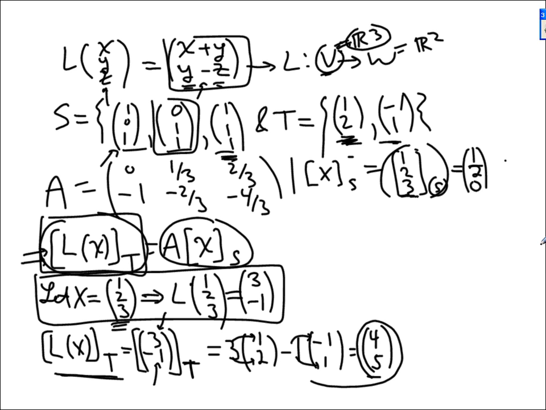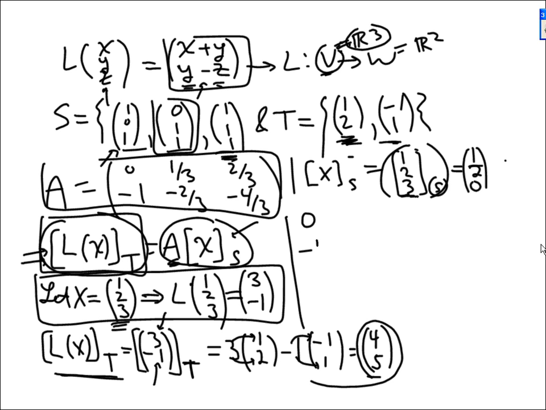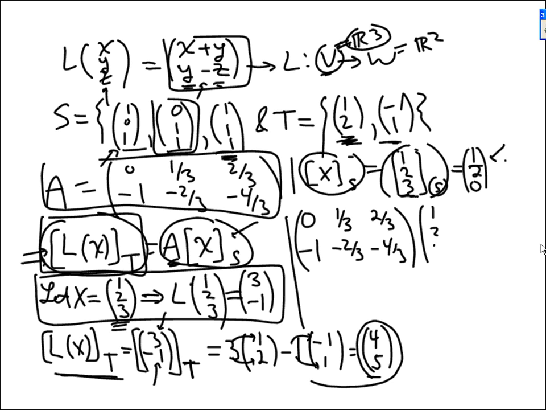Now I want to multiply my matrix A by the coordinates of x with respect to the basis S. So I take my matrix, 0, negative 1, 1/3, negative 2/3, 2/3, negative 4/3, and I multiply it by the coordinates of x with respect to the basis S, 1, 2, 0.